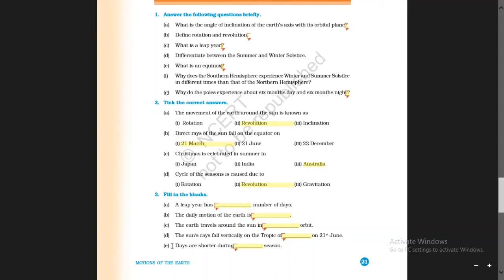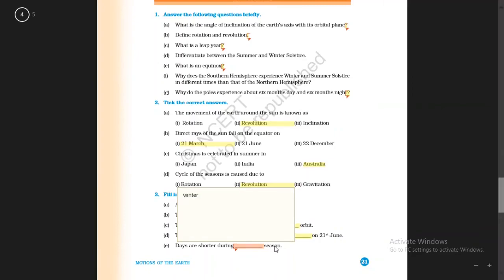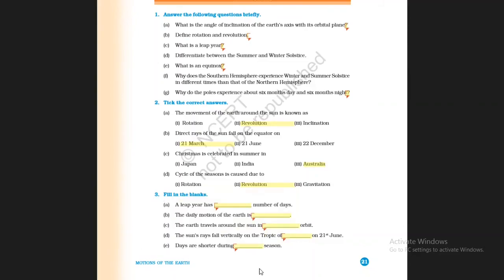Then next one. Days are shorter during winter season. W-I-N-T-E-R. Winter. So days are shorter during winter seasons.